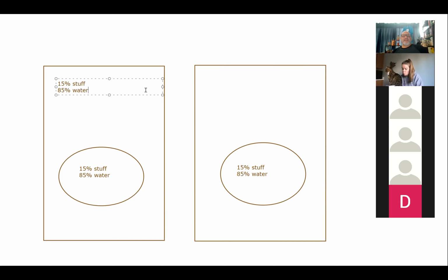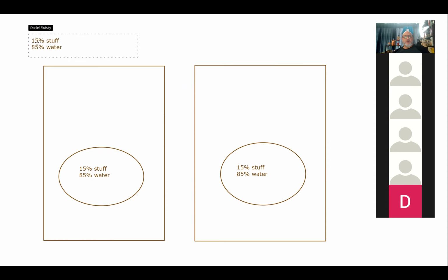And if it was in this type of a solution, how would we refer to this solution? Isotonic, excellent. This would be an isotonic solution. So with an isotonic solution, it's the same amount of stuff and water inside and outside. That doesn't mean water and stuff aren't moving. It means there's no net change. And so the cell is happy and the cell is at equilibrium.